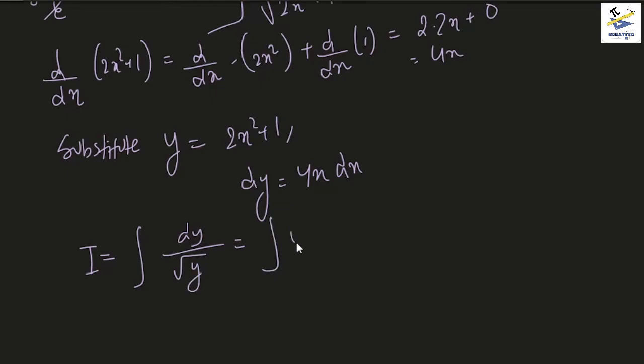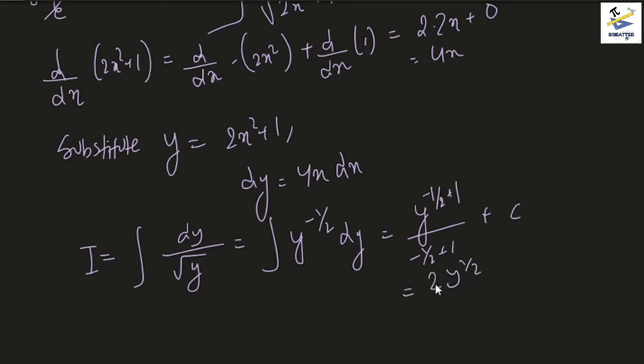But this just means that it's y to the power minus half dy, and using the rule we can write it as y to the power minus half plus 1 by minus half plus 1 plus c, which is basically y to the power half, and this becomes 2 because it's a half in the denominator, and we can substitute back to find it's just 2 into root over 2x square plus 1 plus c.